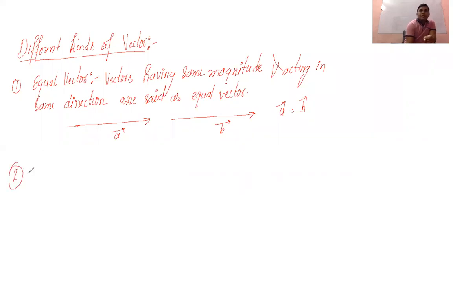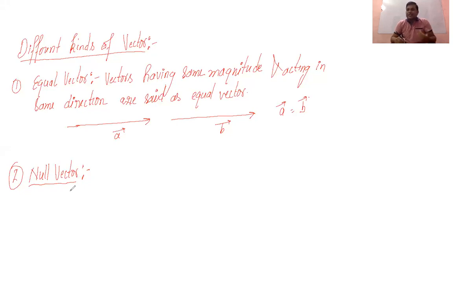The second is your null vector. Sometimes it is also said as a zero vector. Null vector means it has a zero magnitude.